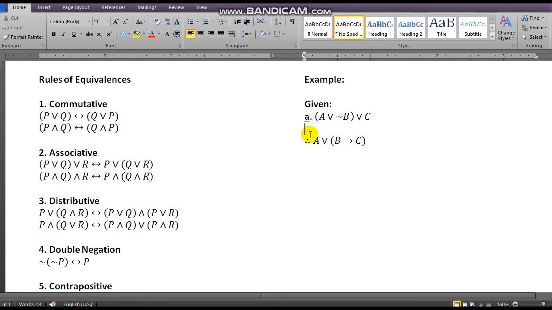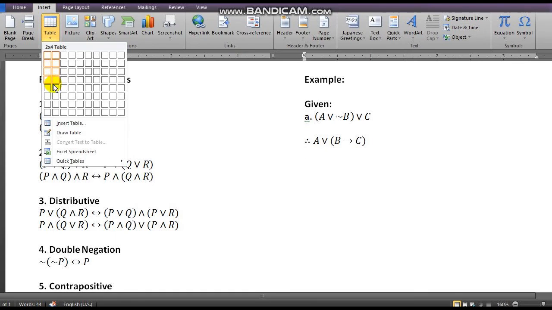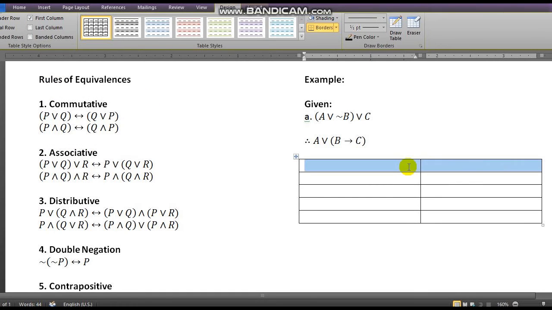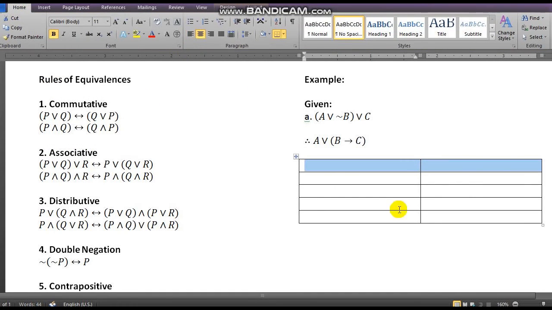So the cue on knowing what to prove is this symbol. It's the therefore symbol. So let's have a table here, with the statement and the reasons. One unique thing that we're going to do here is we're going to number it accordingly, both the statement and the reason.